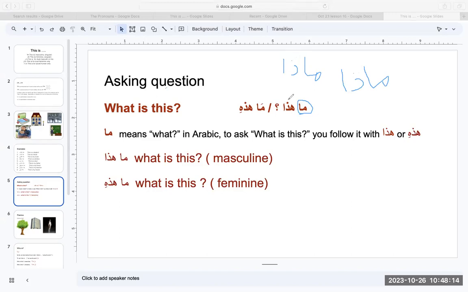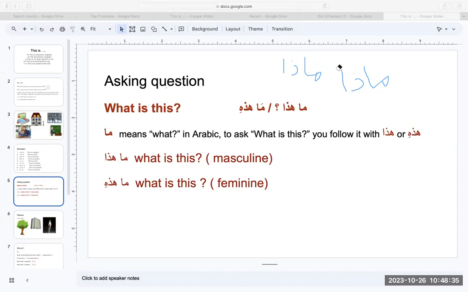So asking about a noun, you will say ما هذا. ما هذه. ما اسمك. ما اسم بيتك. Whatever question you have about a noun, you will use ما.